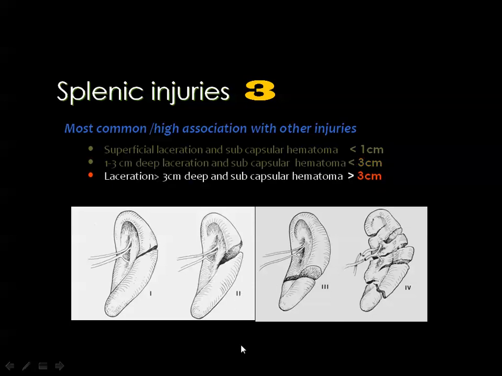And if the laceration is deeper than 3 centimeters and the subcapsular hematoma is also larger than 3 centimeters, then this is stage 3. And stage 4 means that there is a fragmentation of the spleen into more than 3 pieces.